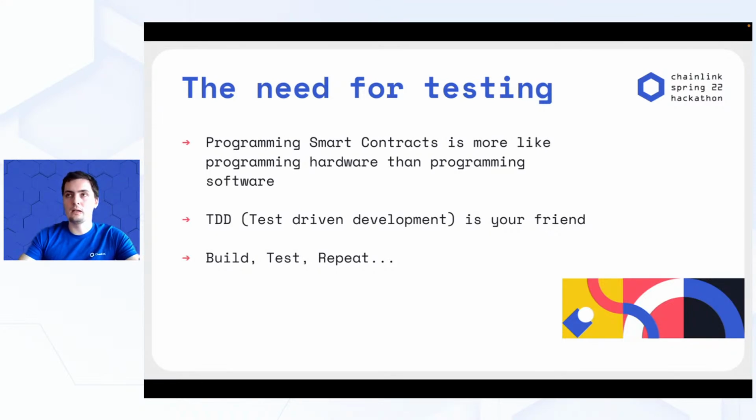So it essentially is more like programming hardware. Imagine that you are creating a cell phone, for example, and once the buyers buy your specific piece of cell phone, there's no service, and you can't patch that phone. There are no updates or whatever, and that's basically the situation in smart contract development.